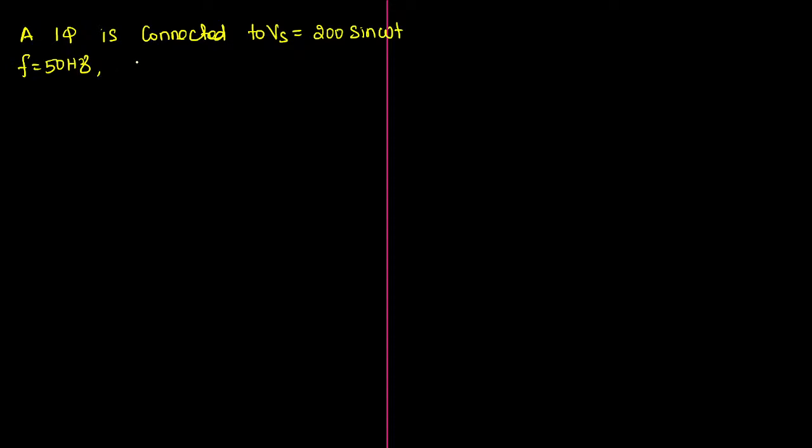Next, its output is fed to a purely resistive load, whereas the value of R is 20 ohm. That is also given. Now the firing angle alpha is given as 90 degree.